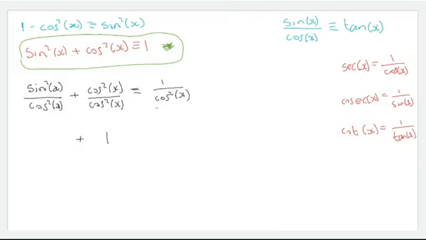What about the sine squared x over cos squared x? Could that equal tan squared x? Indeed. Because we know sine over cos is tan, so therefore sine squared x over cos squared x is going to be tan squared x.